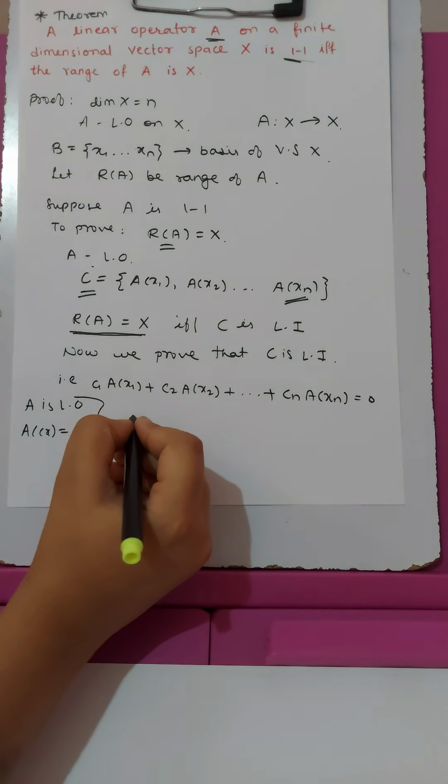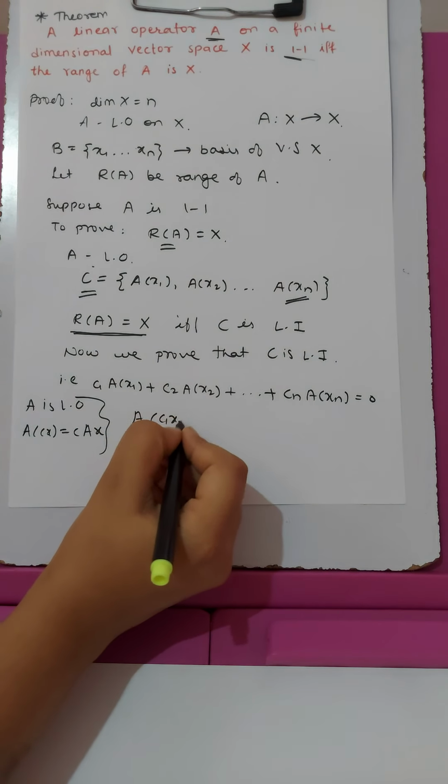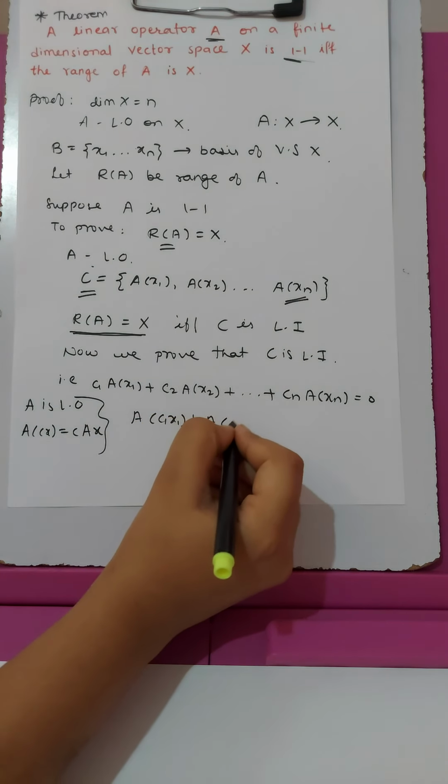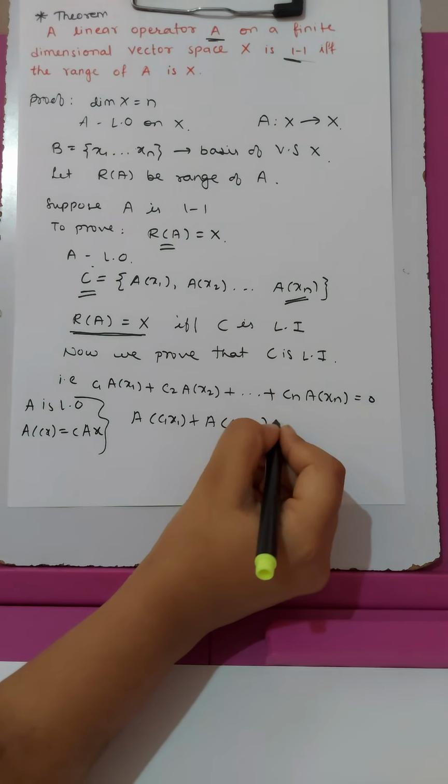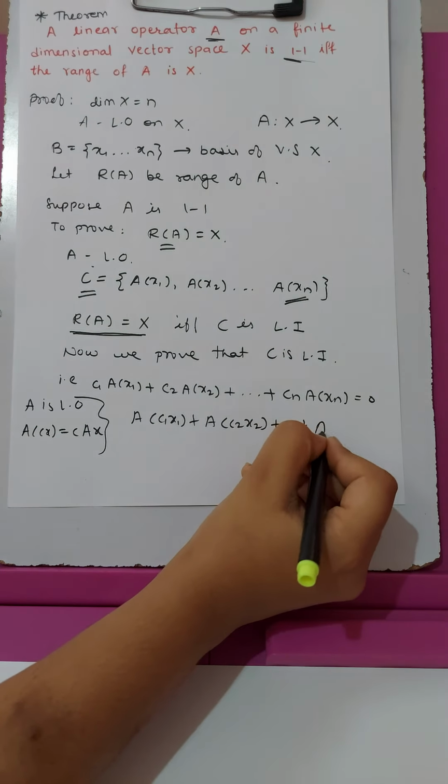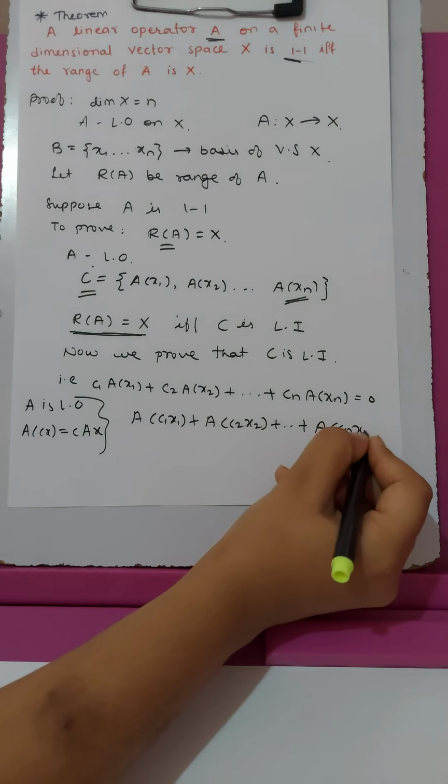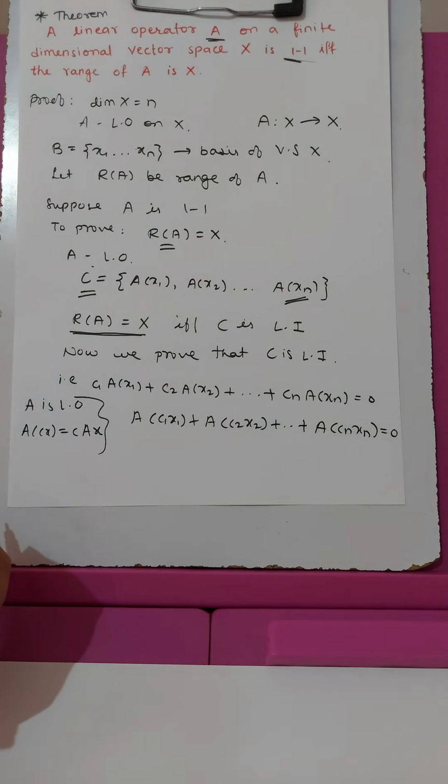So using this we can write A of C1 x1 plus A of C2 x2 plus and so on A of Cn xn equals 0.